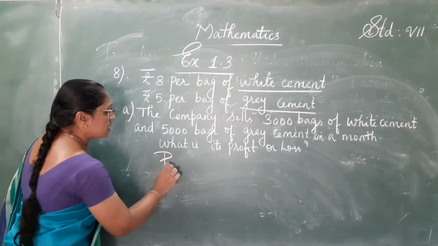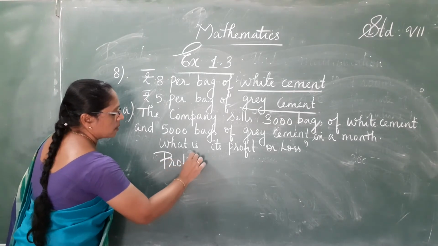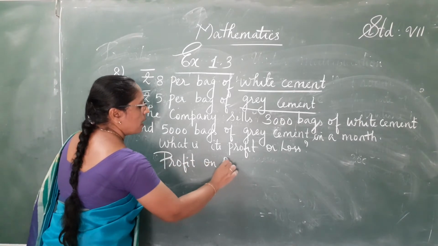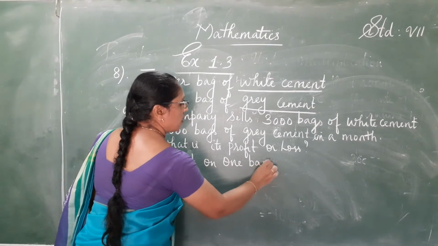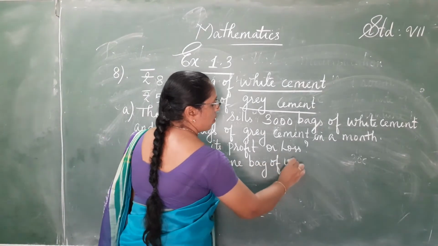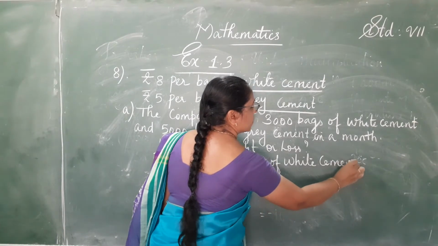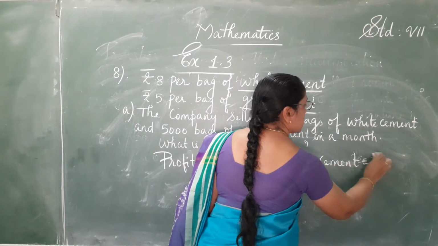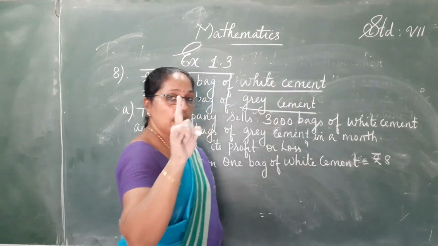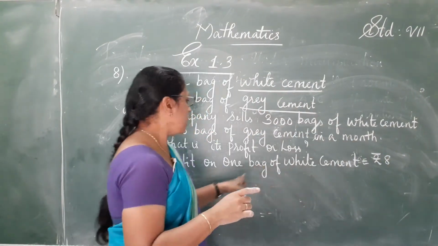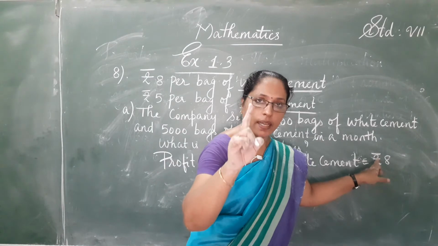So the profit on one bag of white cement is equal to rupees 8. So by selling one bag of white cement, he gets a profit of rupees 8.